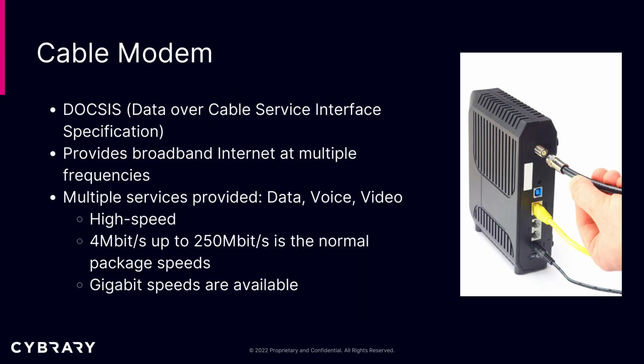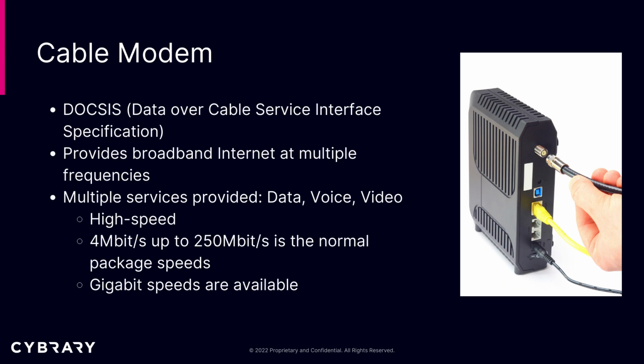One of the things that you'll see in small business and some enterprise locations is the type of internet connection they may have. They may have internet connections from different providers. If they have a cable internet provider, you'll see what's called a cable modem. The cable modem, or DOCSIS, data over cable service interface specification, is a device that's normally put in by the provider, and it comes in through a coaxial cable.